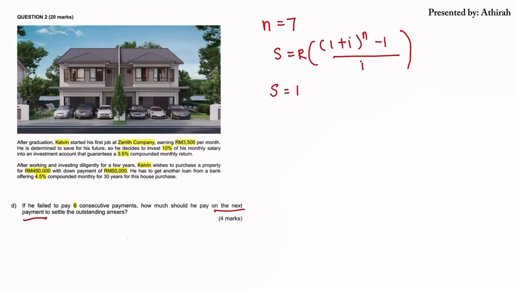So for R, we're going to substitute the value that we got from question B, which is the monthly payment, which is 2,026 ringgit and 74 cents, and we're just going to add the rest of the other values into the equation.